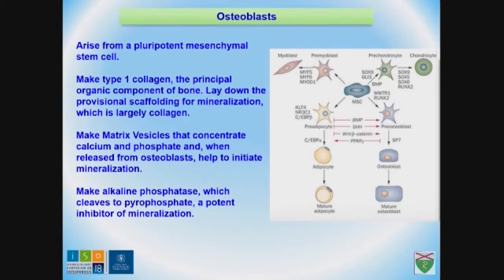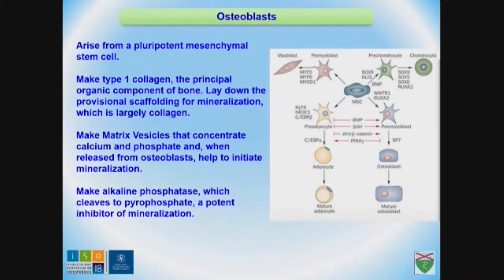They make alkaline phosphatase, which cleaves pyrophosphate, a potent inhibitor of mineralization. And this is a fascinating area that I won't bore you with. But the way Mother Nature controls many processes is by tonically inhibiting it and then disinhibiting it when he or she wants something to go forward. And we'll see that theme again.